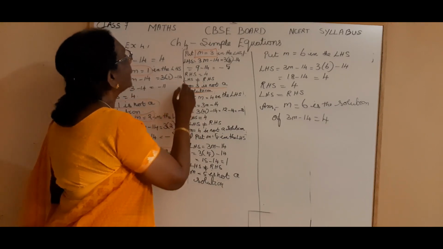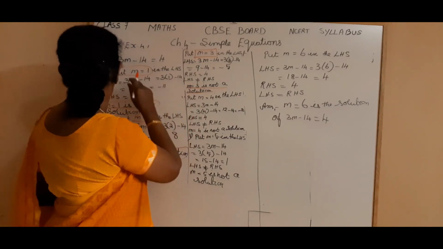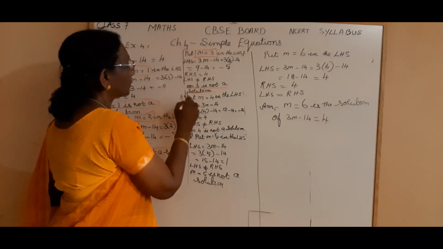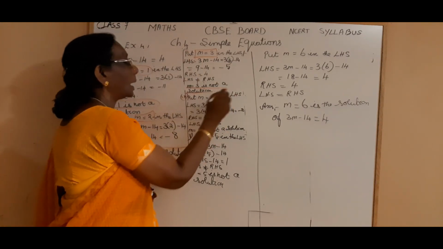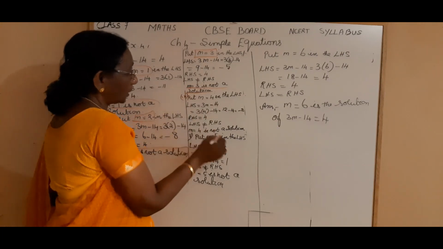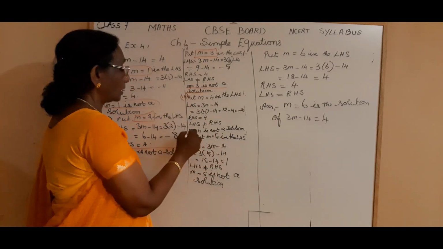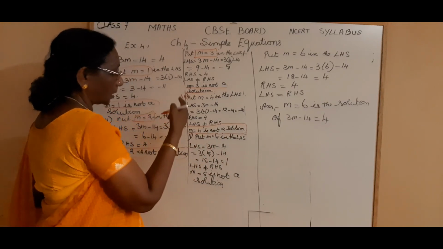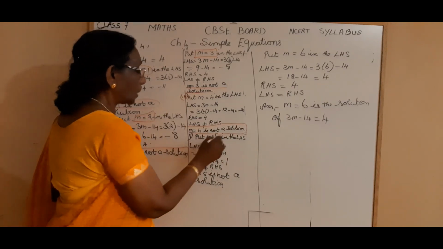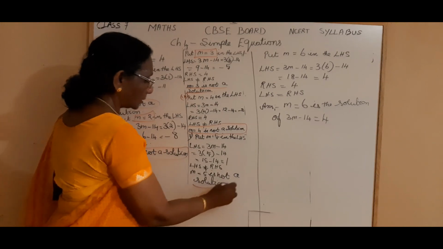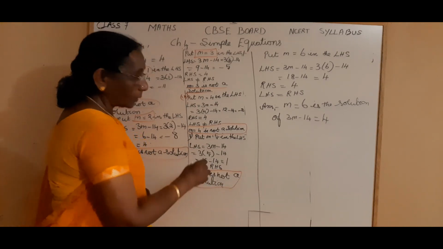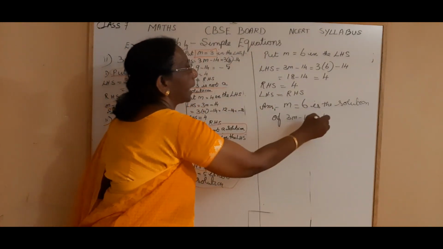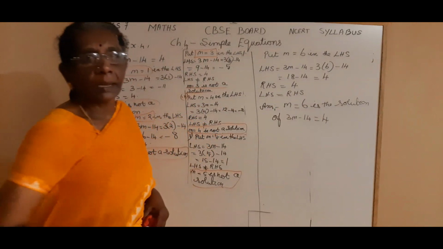Then the fourth one, m is equal to 4 in the LHS, again not a solution. Fifth step, m is equal to 5, again not a solution. So we got five errors. At last, in the sixth step only, we got the answer. So this is called the trial and error method.